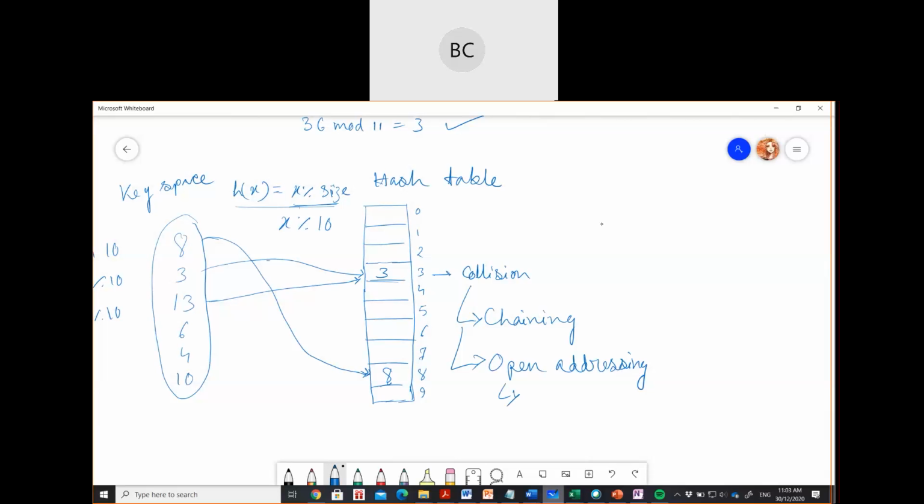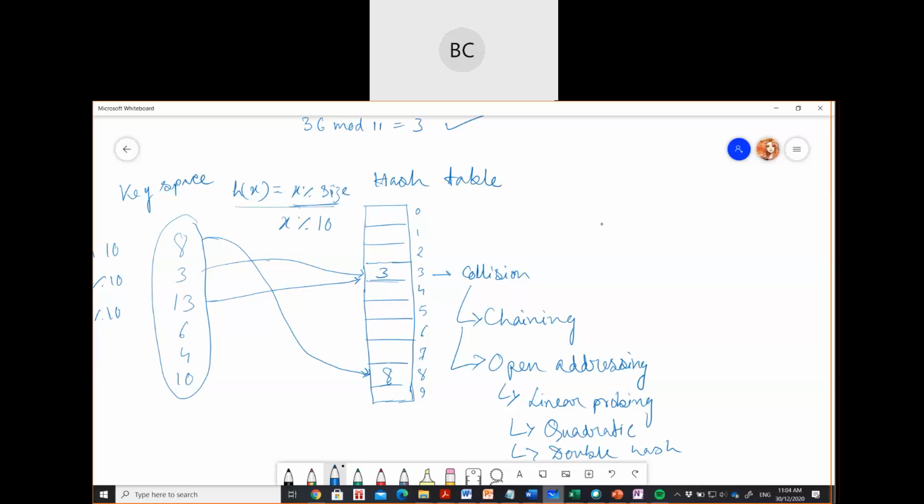For open addressing, we have different types like linear probing, then quadratic, then double hashing, and so on. One is chaining, another one is open addressing.